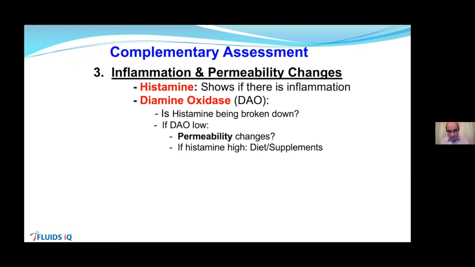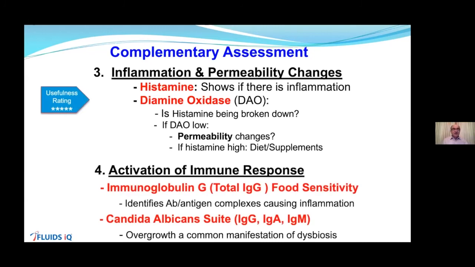This is extremely important, by the way, in determining what avenue of treatment you're going to choose. There's a very big difference in what you do with late intestinal barrier damage and how that differs from early barrier damage. Again, 5-star.